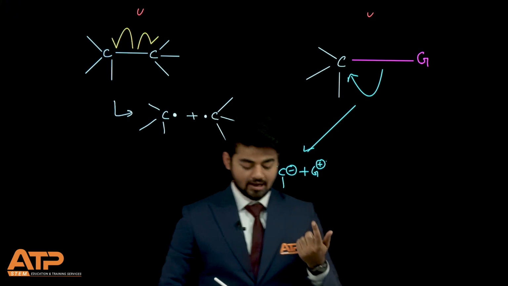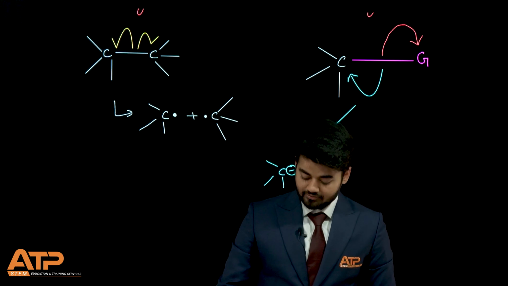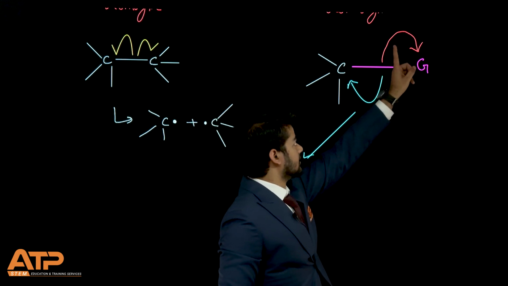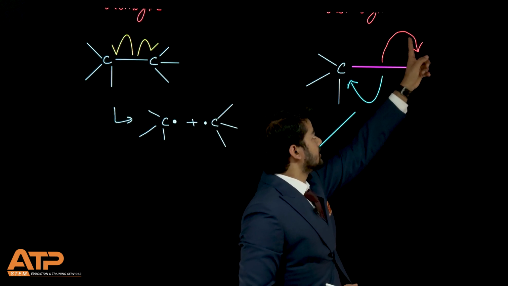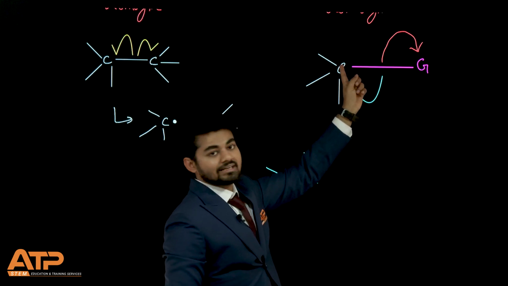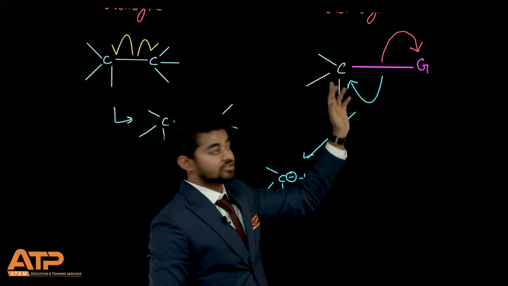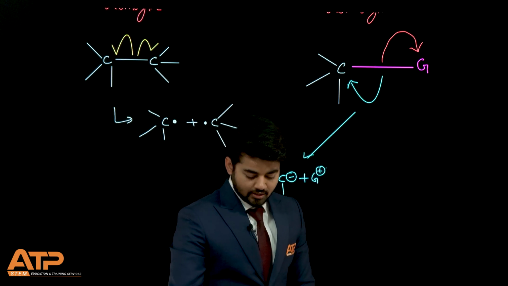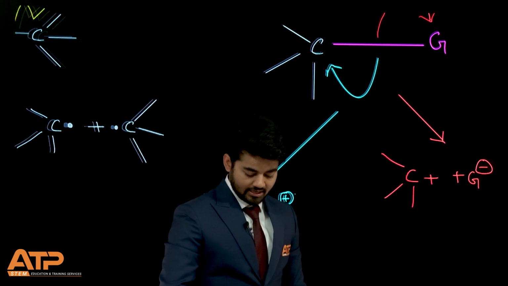This could happen the other way as well, where G took both the electrons and moved away. Check the different color I have used. In this orange color, G took both the electrons and carbon is left with no electrons. Check the direction of the arrow. Let's see what species we are getting here.